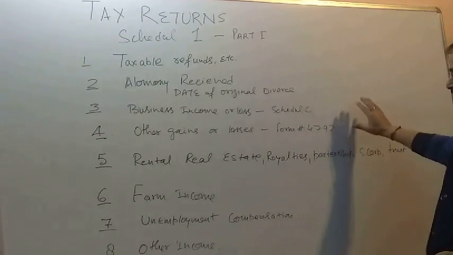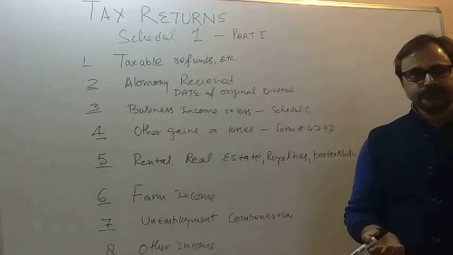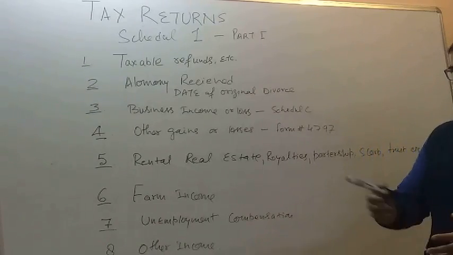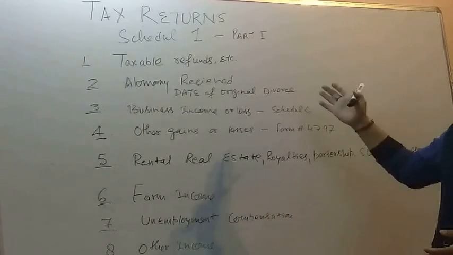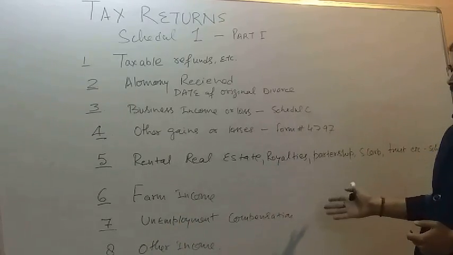All these incomes have been written in front of these lines, and then they have been added together at line number 9, and that total has been written on the first page, right? So whatever income is written on page 1, line number 7 as other income, we are going to come straight to Schedule 1, and from here we can see what all the other income is.